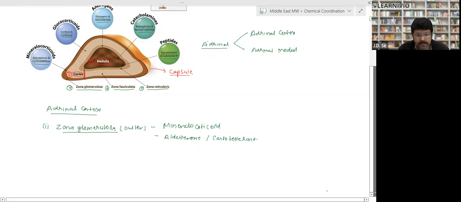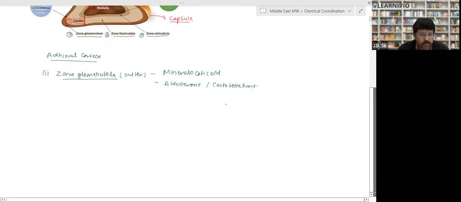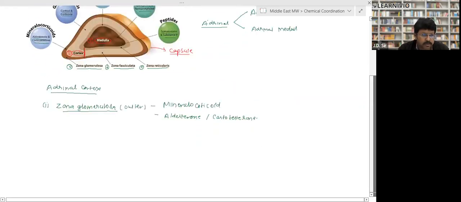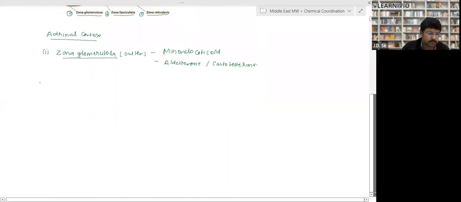So the next layer, the second layer, is zona fasciculata, right? So put the second heading, zona fasciculata.